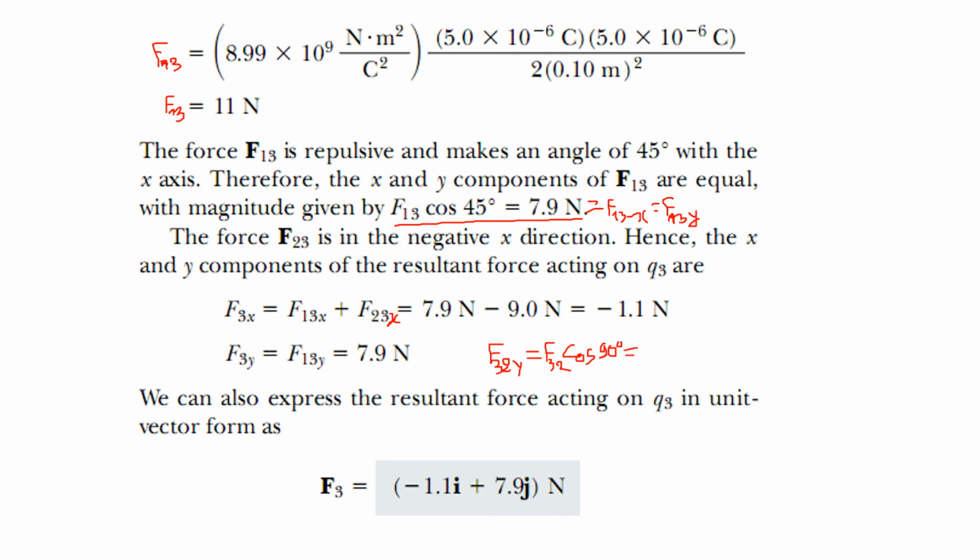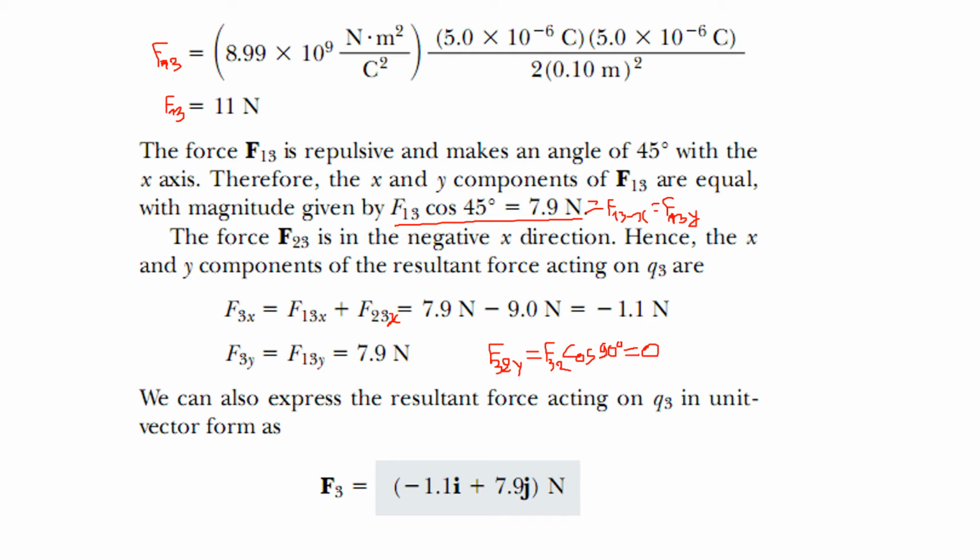Then we need to multiply by cosine of 90 degrees, because 90 degrees is the angle between the x and y axis. Then this is equal to 0. It's the reason why the y component of the force on charge 3 is equal to the y component of the force on charge 3 due to charge 1, which is equal to 7.9 newtons.